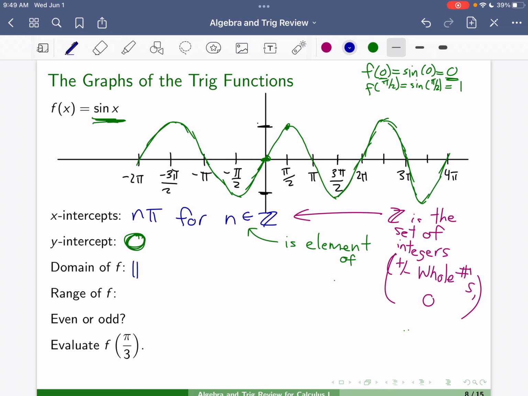So we might write this as R, the set of real numbers. We might write that in interval notation as negative infinity to positive infinity. We could also write it in words, the set of real numbers.